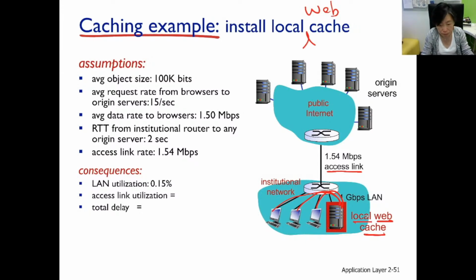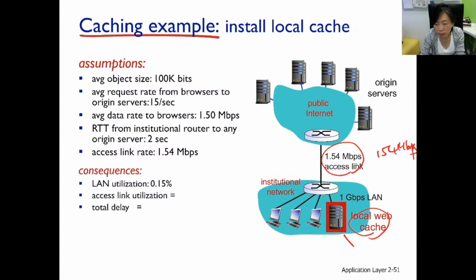So it's good. Everything else stays the same. All we did is just install the machine. Now, if I ask you, changing this to 154 megabits per second versus adding a server machine, which one is more expensive? Yeah, you probably guessed, right?